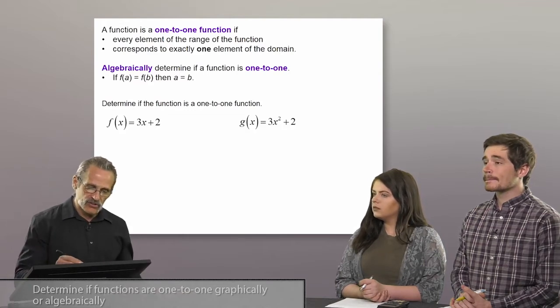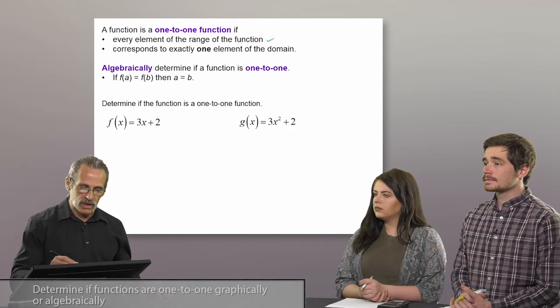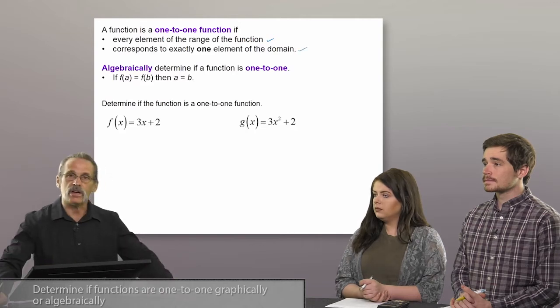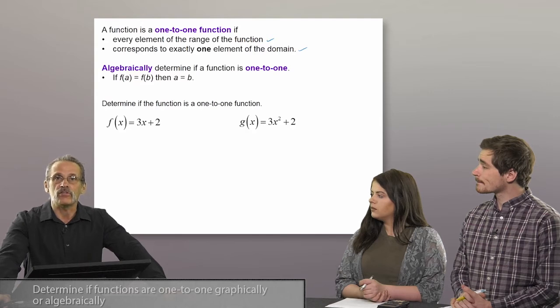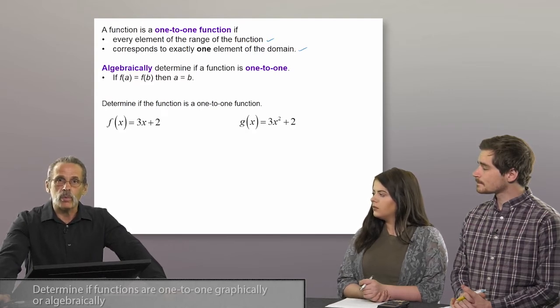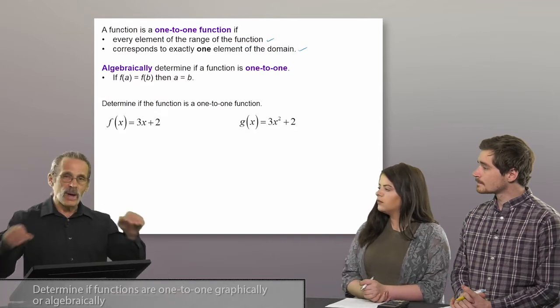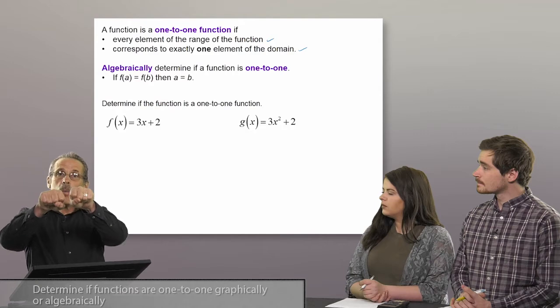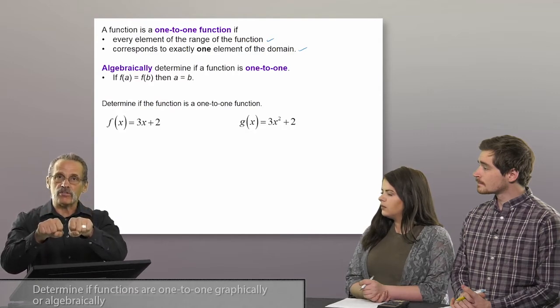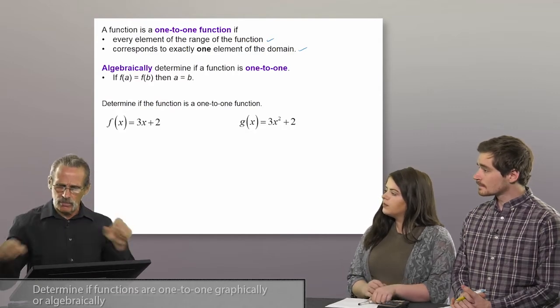So the way we say this is every element of the range corresponds to exactly one element of the domain. Now, to determine if a function is one-to-one, we will do this first algebraically, and what we'll do is set 2 outputs equal, and that means that when I find the corresponding inputs, I best get one input as a result.